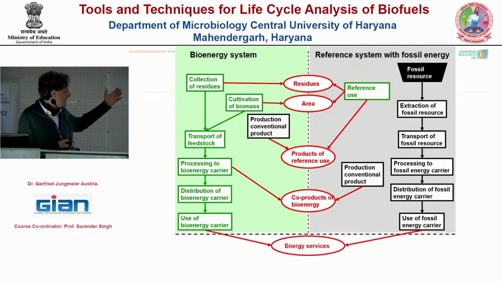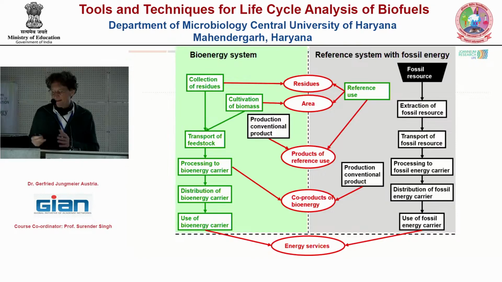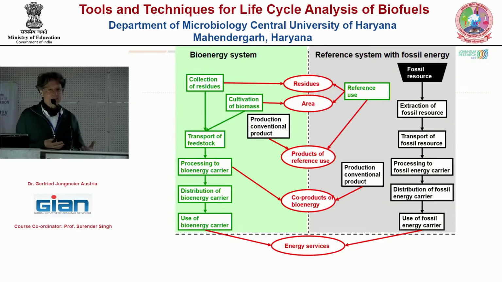So on the left hand side, at least you have to consider an additional production of this conventional product, which is avoided or substituted by this reference use. It may sound a little bit complex to you at the very beginning, but the comparison is bioenergy, and you have to compare it on one hand in most cases to fossil energy, but some elements, the reference use of residues, the reference use of land, and the co-product are also part of this reference system.